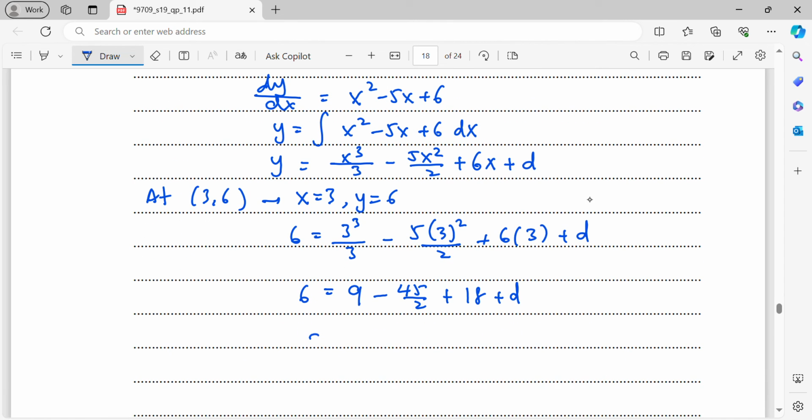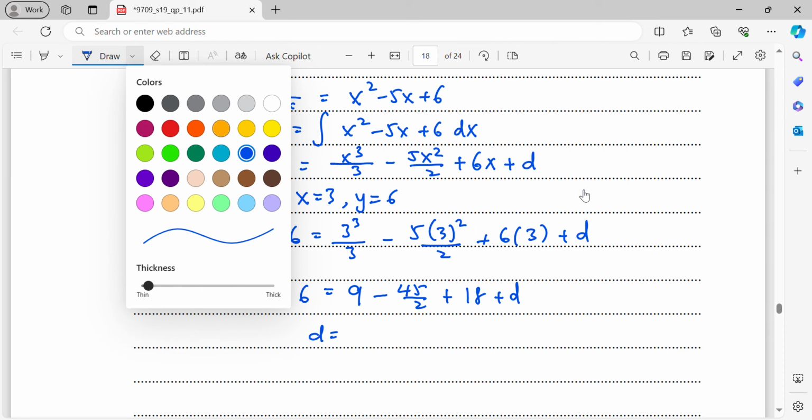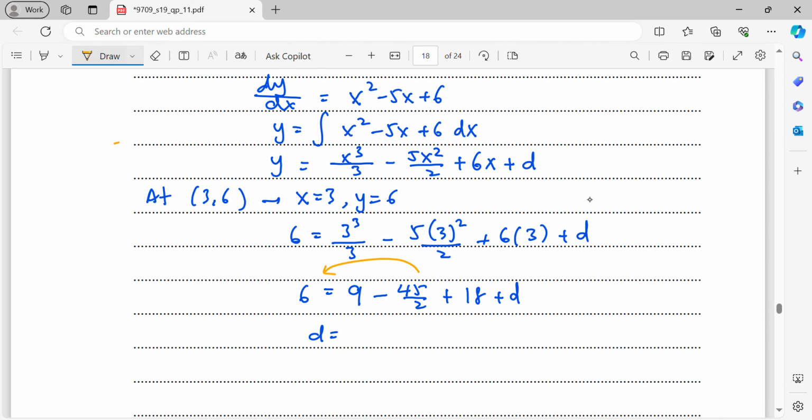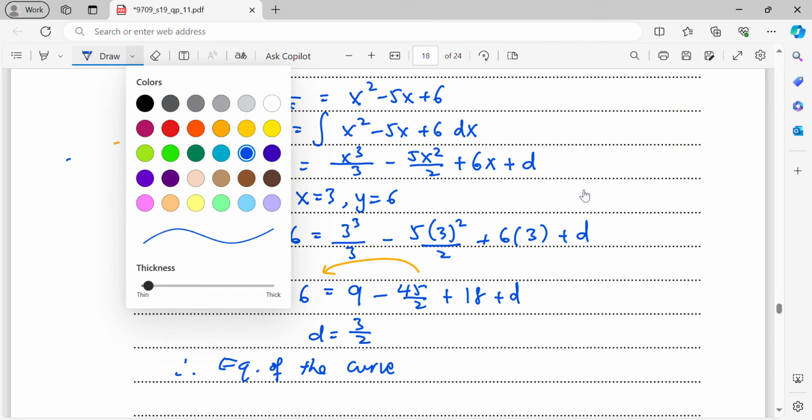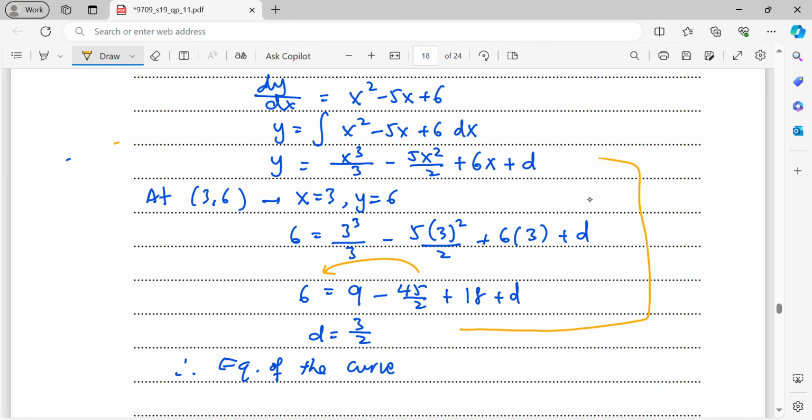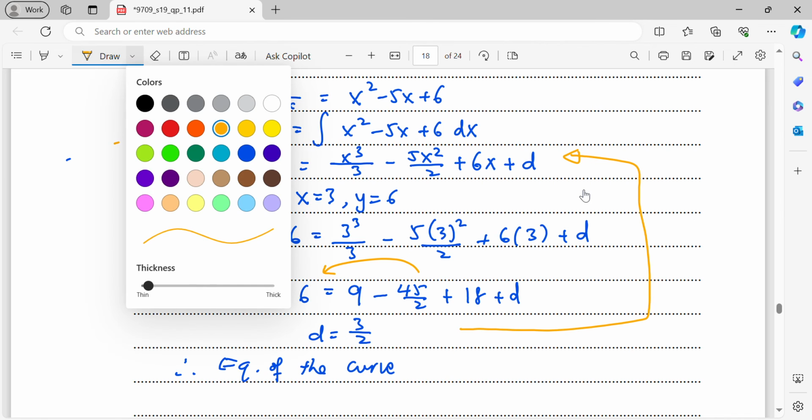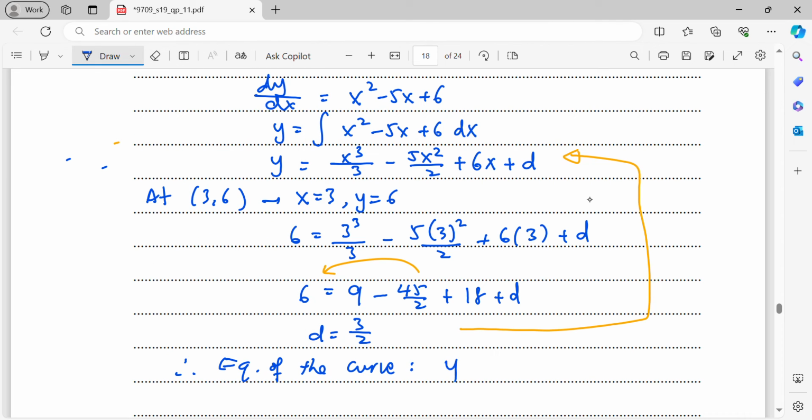Now from here, when you move all the terms to the left hand side, my d is 3 over 2. Therefore, just substitute this d into the y. That is my equation of the curve, which is y equals x cubed over 3 minus 5x squared over 2 plus 6x plus 3 over 2.